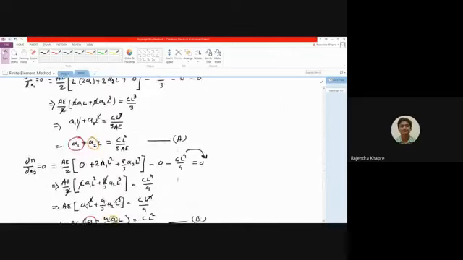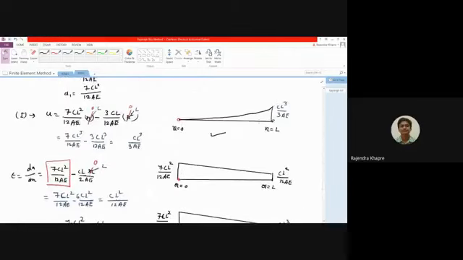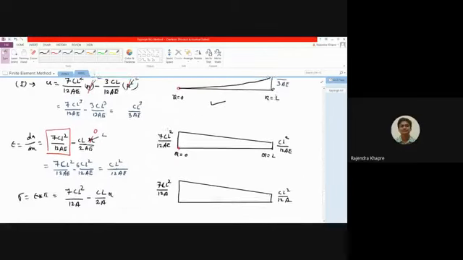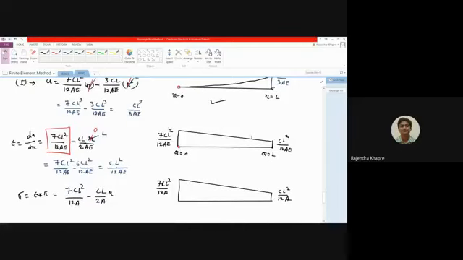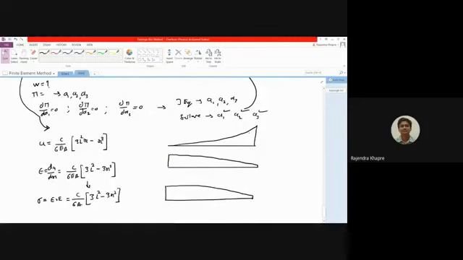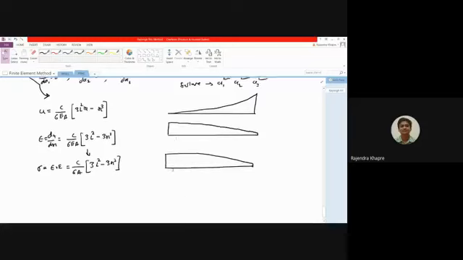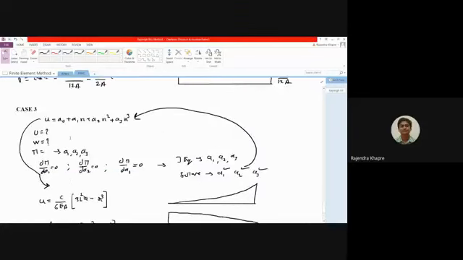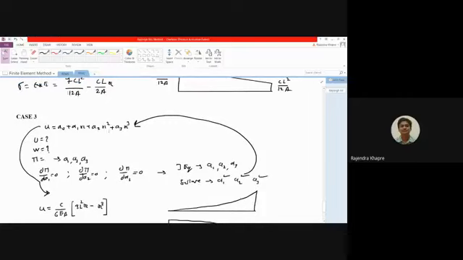But here, the displacement is increasing but the order is higher. The stress and strain both are reducing but of first order, while the displacement is of second order, and the strain and stress are of one order less. This is how the problem can be solved if you go for a third degree polynomial, which is case 3.